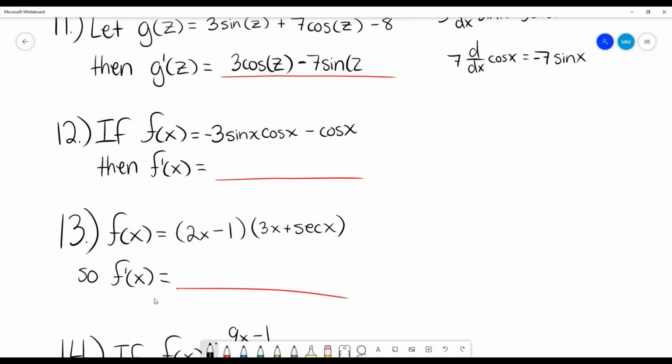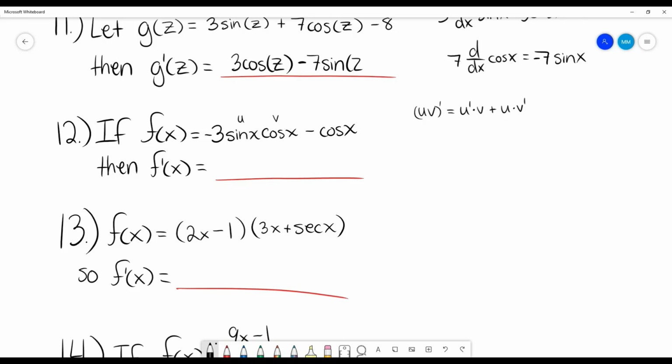The product rule tells us that if we have one term, we'll call this u, and another term v, the derivative of uv, prime, is going to be the derivative of the first term times the second term plus the first term times the derivative of the second term.